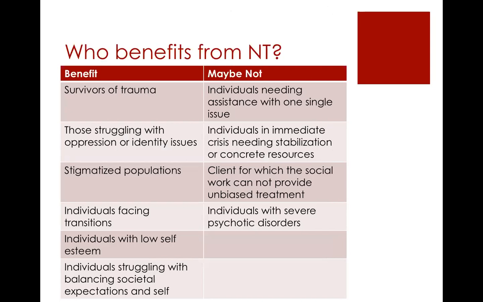So if the story that the client wants to write is not something that is within our value system for them to write, then we need to check ourselves, right? Because we may not be able to provide unbiased care and unbiased opinion as they're writing their story, right?